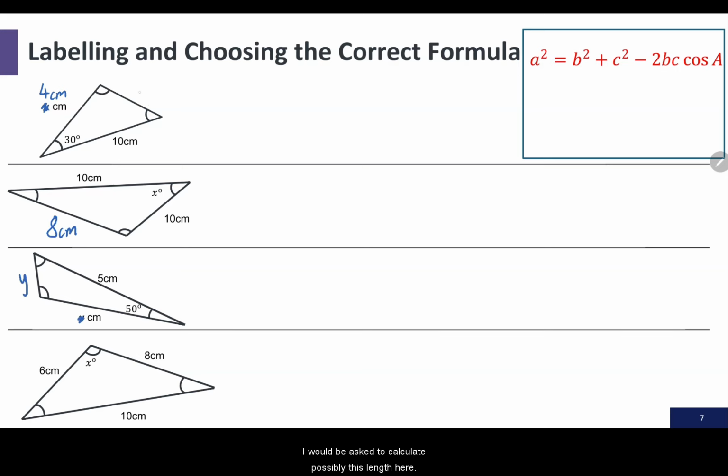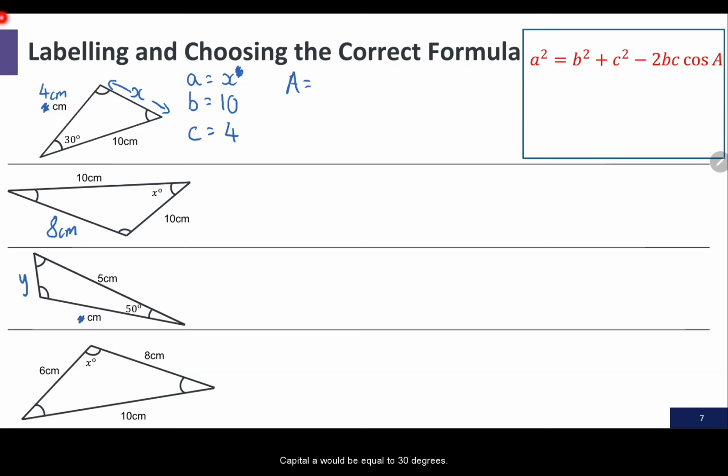I would be asked to calculate possibly this length here, so we'd like to find out what a is. It makes sense on this question to say that lowercase a would be equal to x. Lowercase b would be equal to either 10 or 4, it doesn't actually matter with the cosine rule, and c would then be equal to 4.